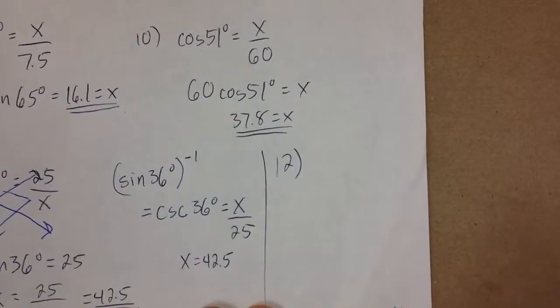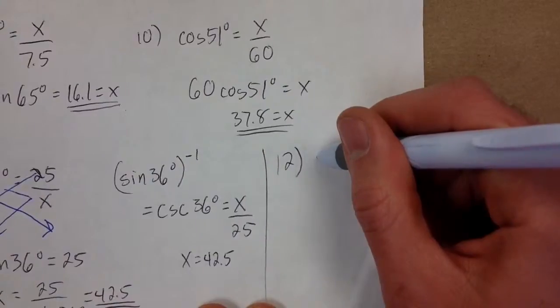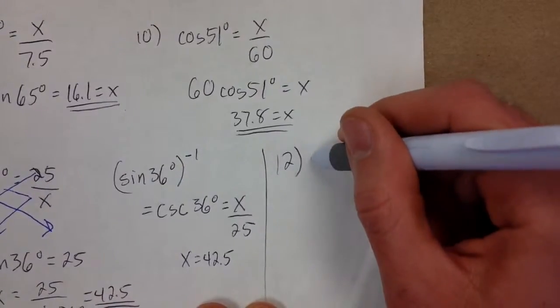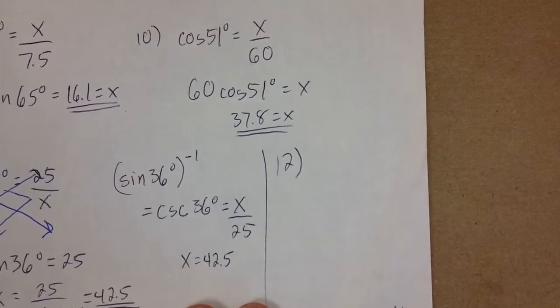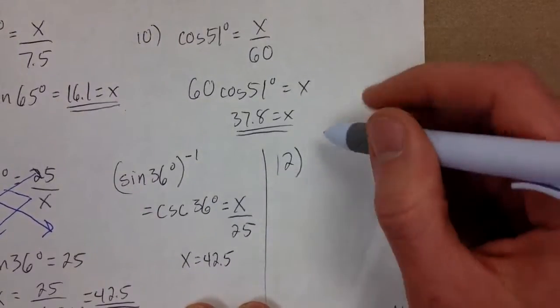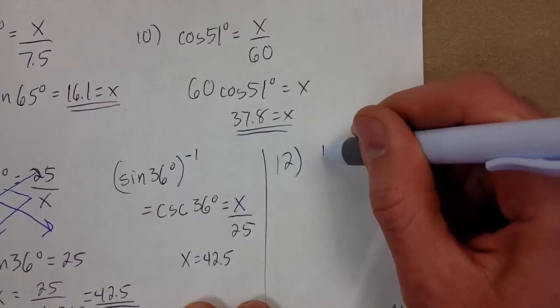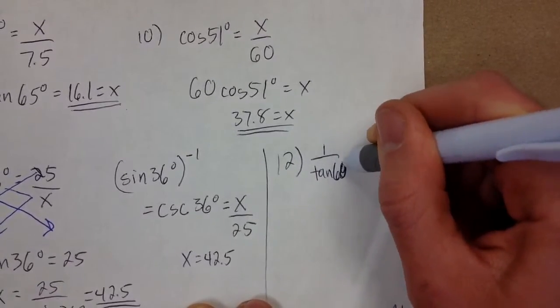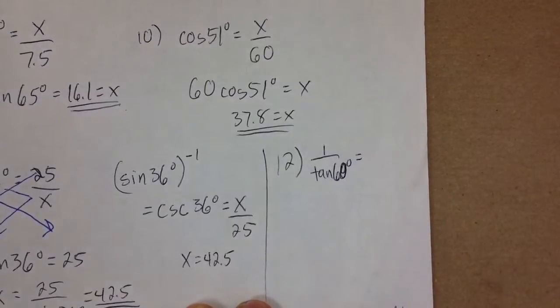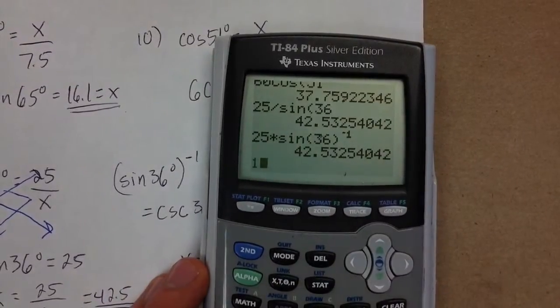Okay. So tell me what your equation is. I would do what James would do. I would find the opposite of tangent, so I would do 1 divided by the tangent of 60 degrees. Okay. And that's 0.577. And I would just multiply that by 90.